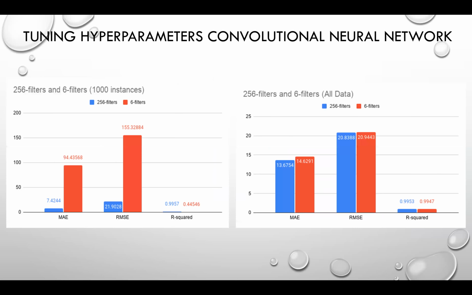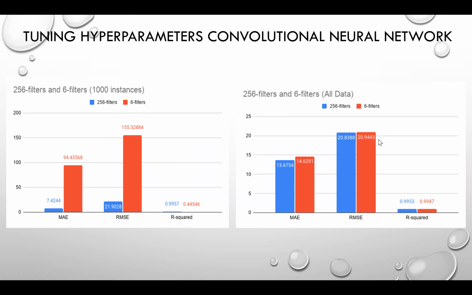We also experimented with different numbers of filters, like 256 versus 6 filters, in small instances, like 1,000 instances. And we did the same thing for large data, when we used all the data, which is the 68,000 instances. Increasing the number of filters led to better accuracy for small data. But on the other hand, working with many filters was only slightly better than using a small number of filters when we used all the data.